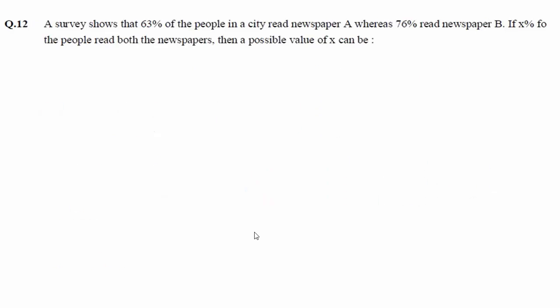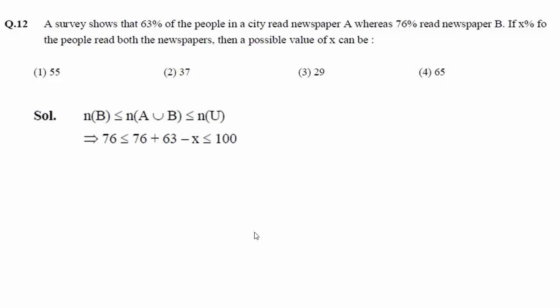A survey shows that 63% of the people in a city read newspaper A, whereas 76% read newspaper B. If X% of the people read both the newspapers, then the possible value of X can be, options are: 55, 37, 29, 65.